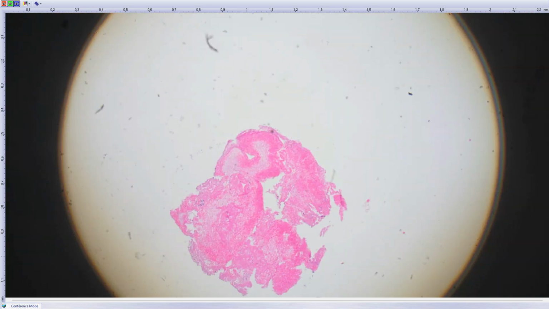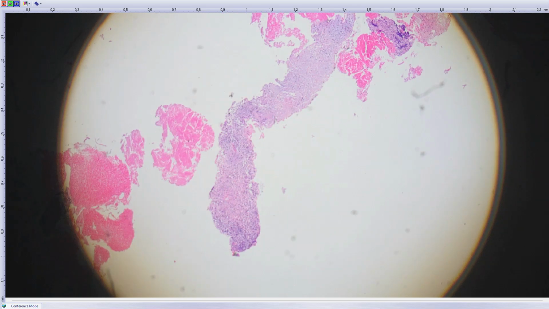So the next lesion, we also had a biopsy from the liver lesion. Very small, largely necrotic fragments of something that looked very different.